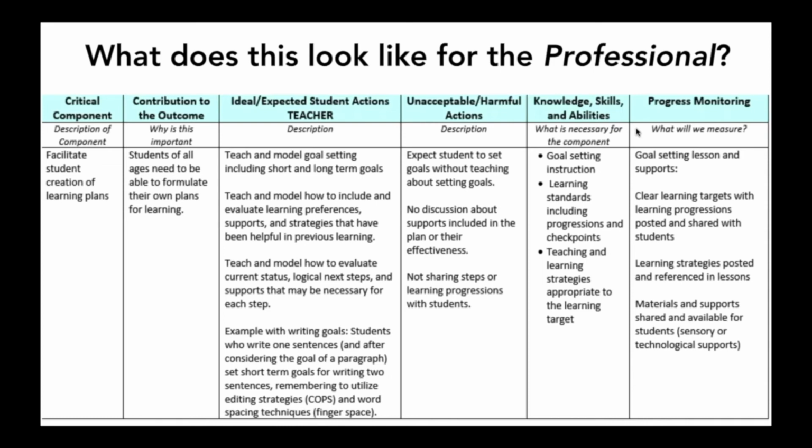And I really want to push you to think that all means all. All students can be expert learners, and so all students should be able to do this. It just might take a little bit more scaffolding, a little bit more support, and it's going to look different for different students.